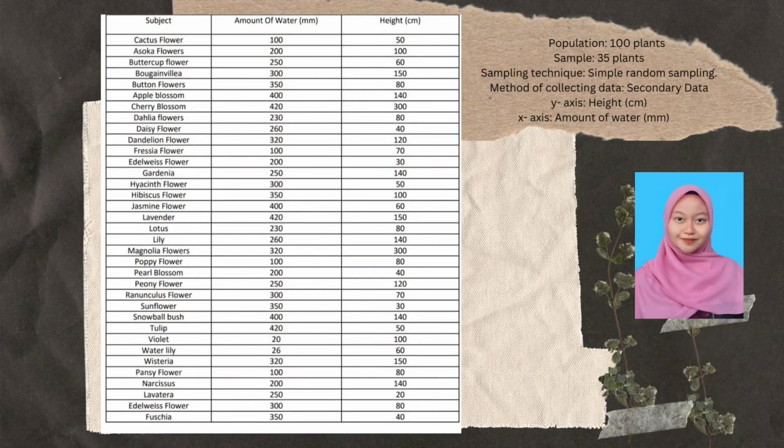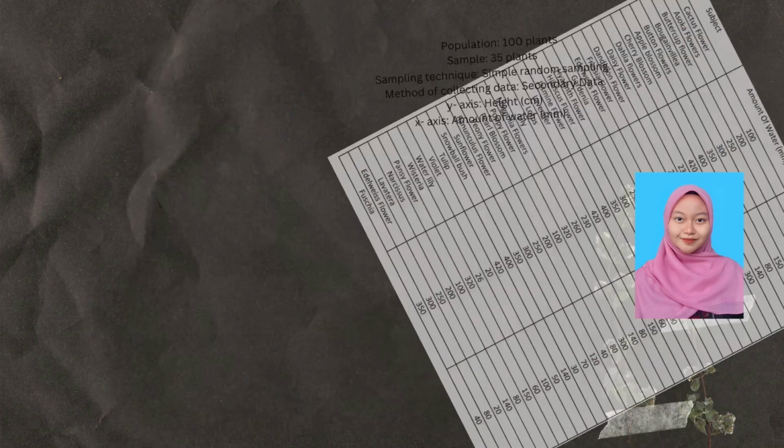The data show the subject is the types of plants, amount of water the plant received in millimeter, and height of plant in centimeter. The population is 100 plants and the sample is 35 plants. The sampling technique is simple random sampling. This is secondary data. The Y is height in centimeter and X is amount of water in millimeter.